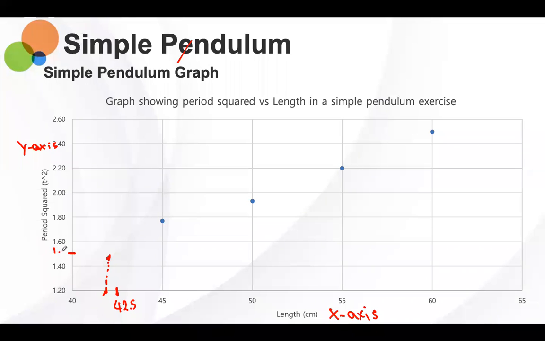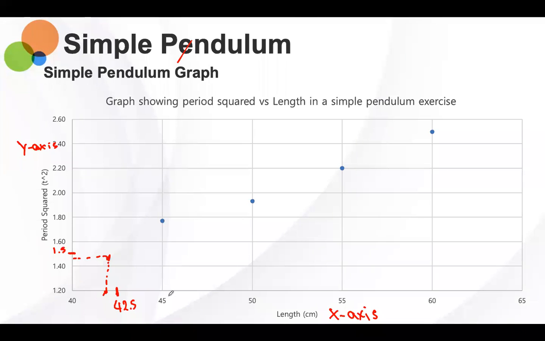So we have 1.5 here, right? So 1.46 will fall somewhere in this region, just below 1.5. Are we all seeing that?